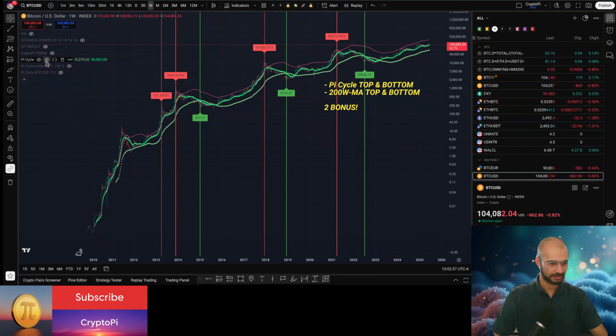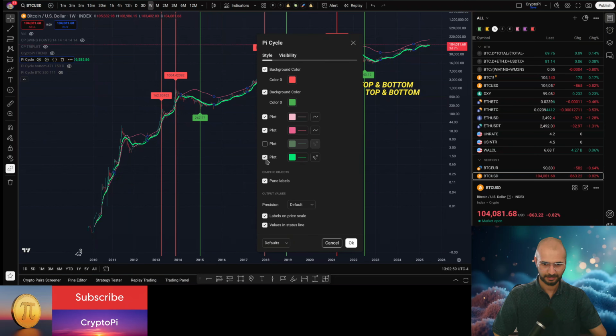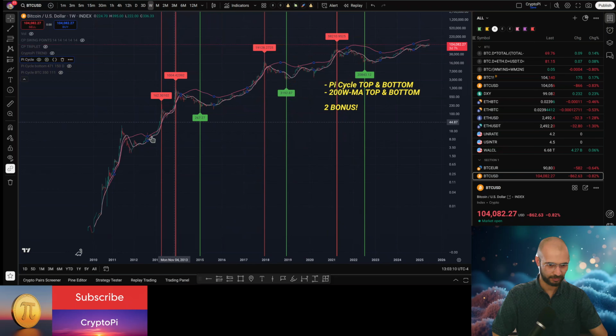The first one, since we are discussing Pi cycle top, is marked by red, the 2 shades of pink, and whenever there is a crossover, we can identify here the top of the Bitcoin, and here as well.